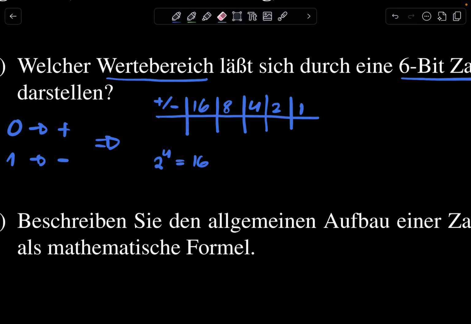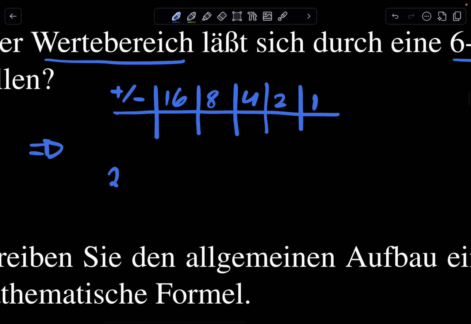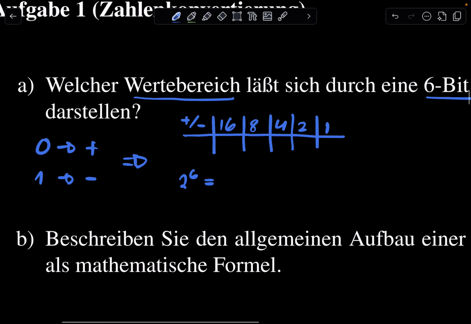Now, remembering this logic, if we have 6 bits, 2 to the power of 6, let me just use the calculator real quick, because I don't want to do the math in my head right now. 2 to the power of 6 is 64.